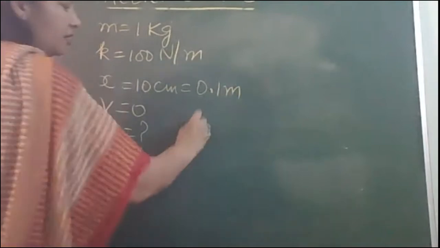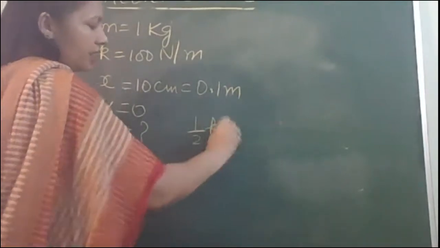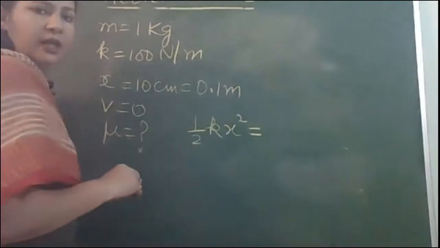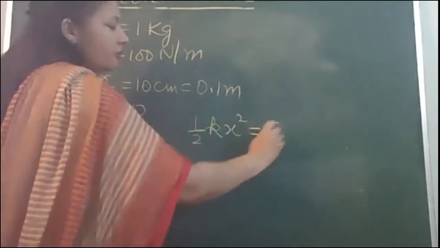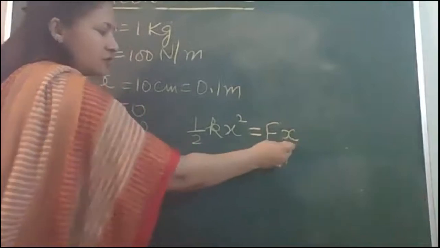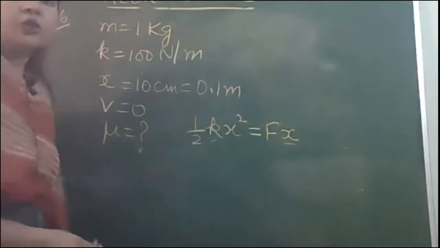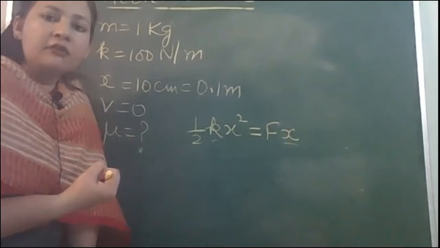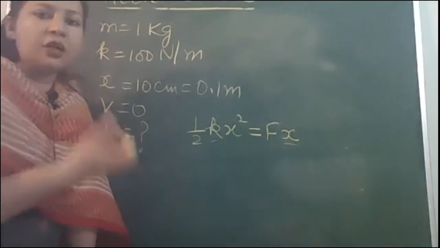So we can say the elastic potential energy of the spring, half kx square, is doing the work. Work and energy are equivalent, you know. And work done is force into displacement. That displacement is also the same, as I told you, the distance through which the block slides down the plane will be the same as the extension produced in the spring.